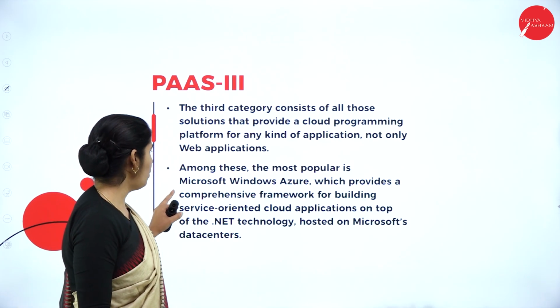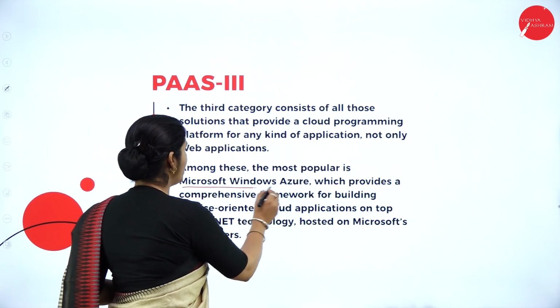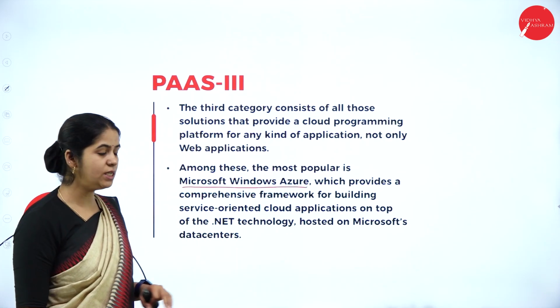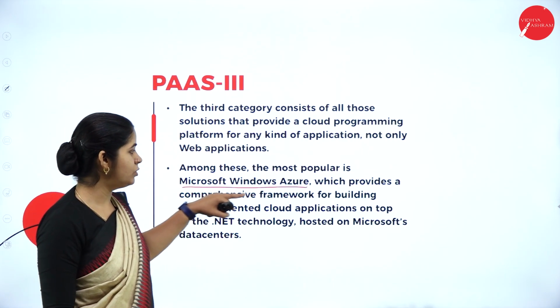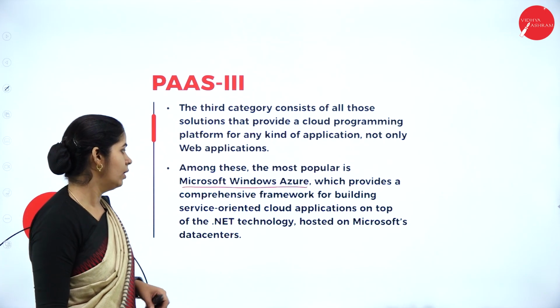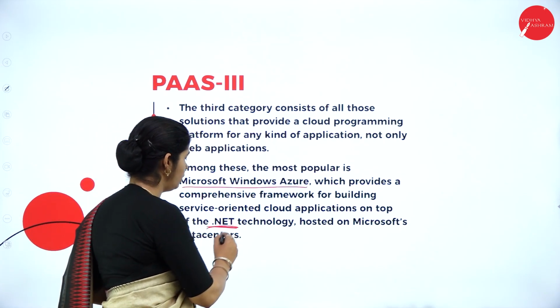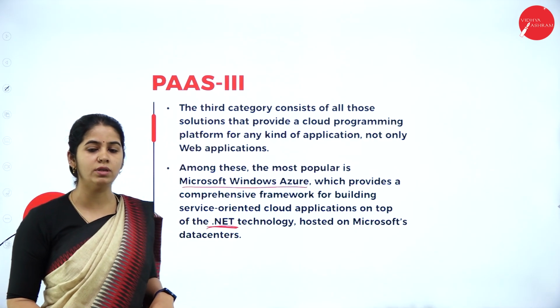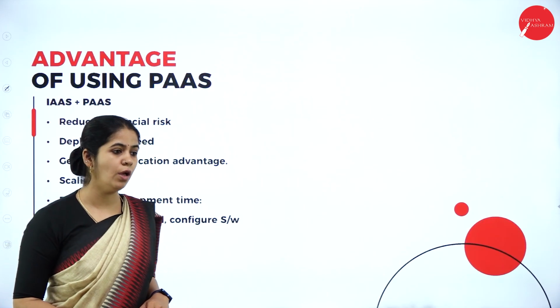Among these, the most popular is Microsoft Windows Azure, which provides PaaS 3 category services. Azure provides a comprehensive framework for building service-oriented cloud computing applications using .NET technology. Which technology do they use for the service? .NET technology. This is about the third category of PaaS.